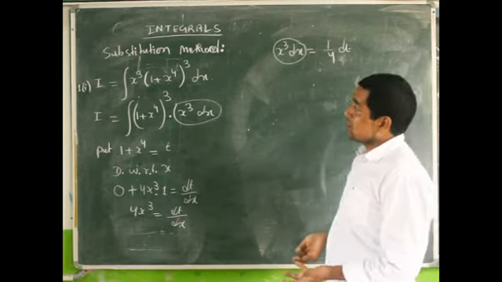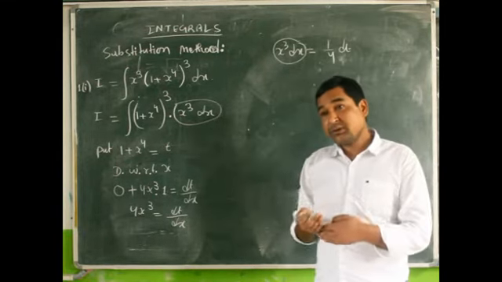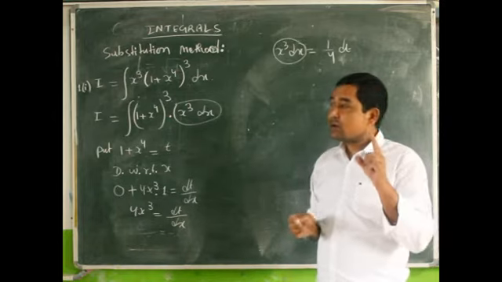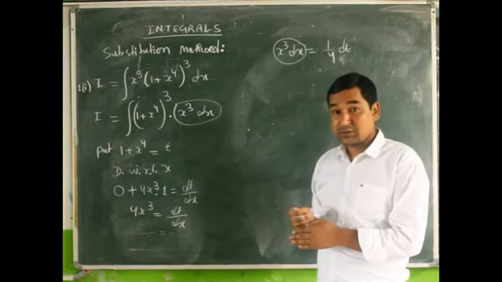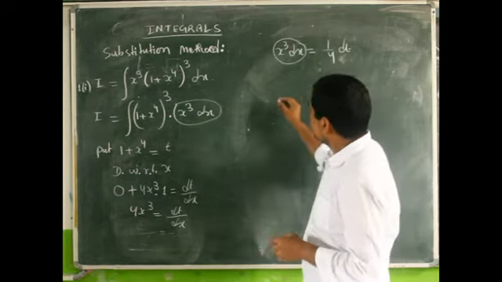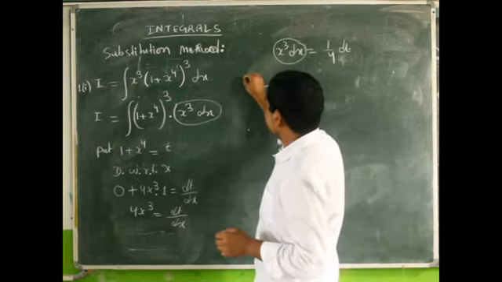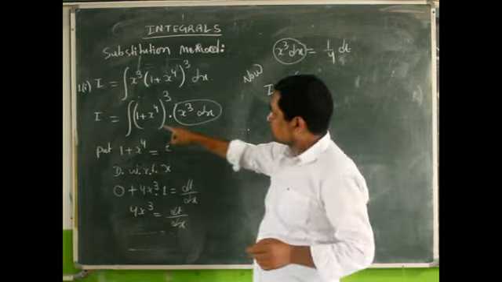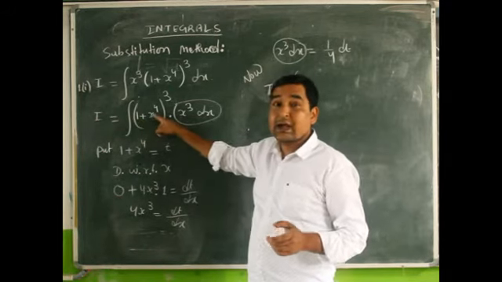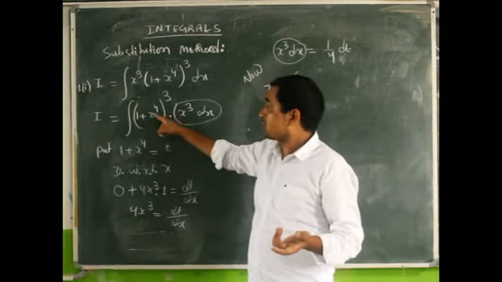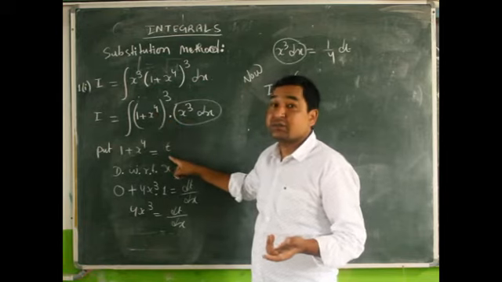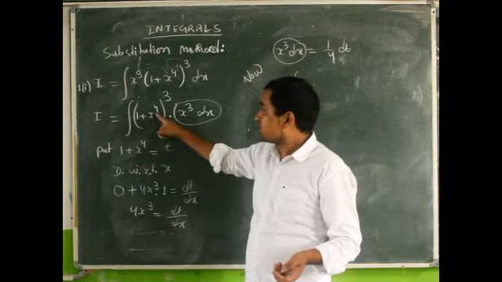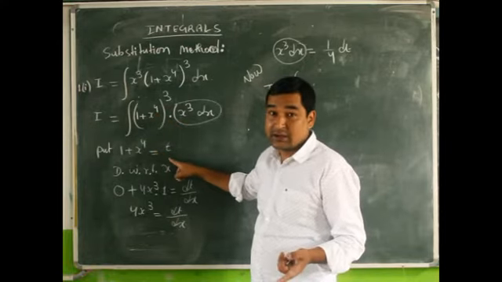When we are doing the substitution method, after substituting, the expression should come in the same variable. Now look here. 1 plus x to the power 4 is replaced by t.